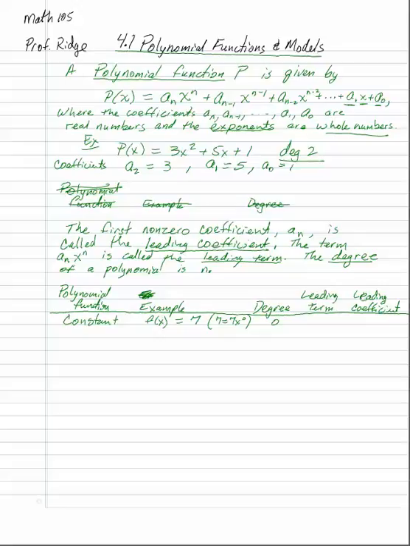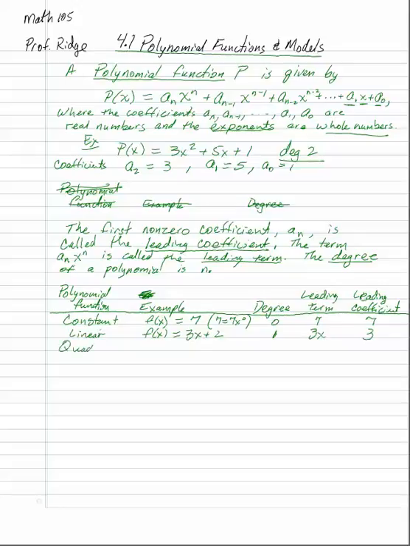The leading term would be 7 x to the 0, which is still 7, and the leading coefficient is 7. Okay, so that's a constant polynomial. A linear polynomial is degree 1, so f of x equals 3x plus 2. The leading term would be 3x, and the leading coefficient would be 3.